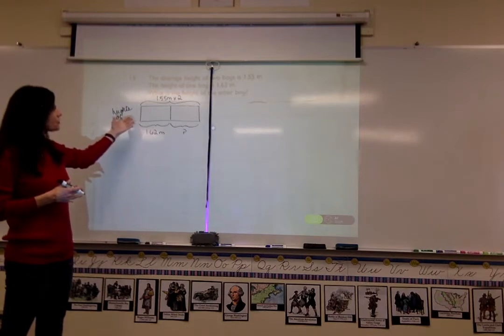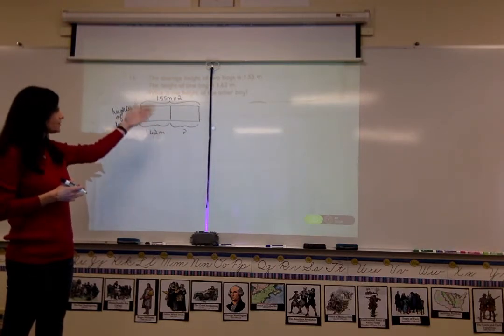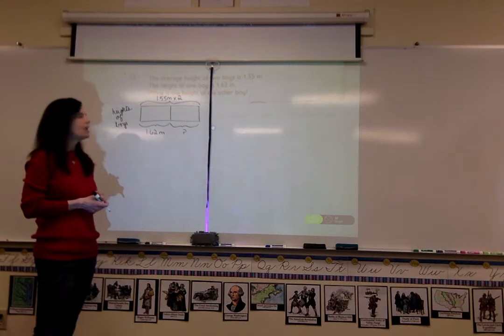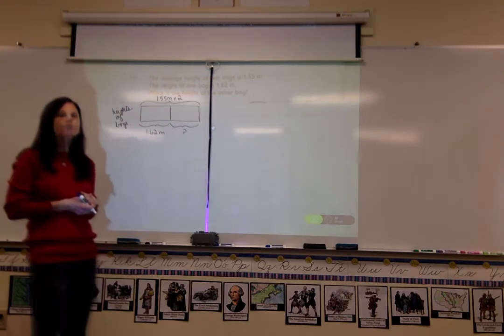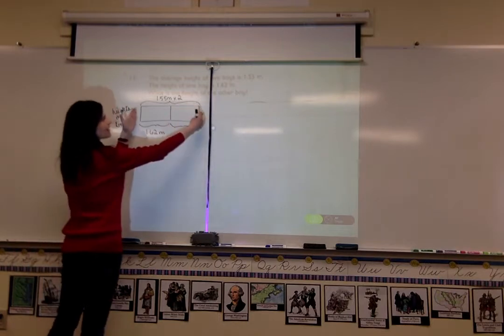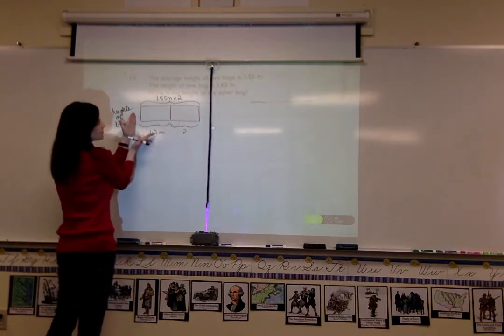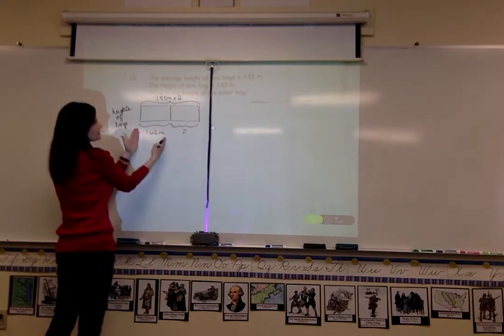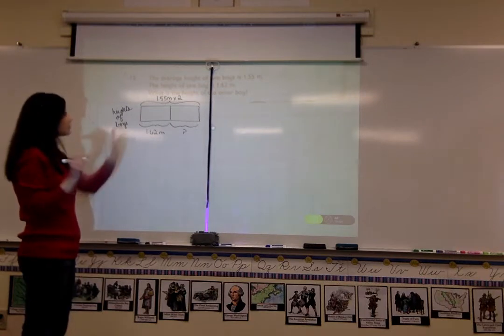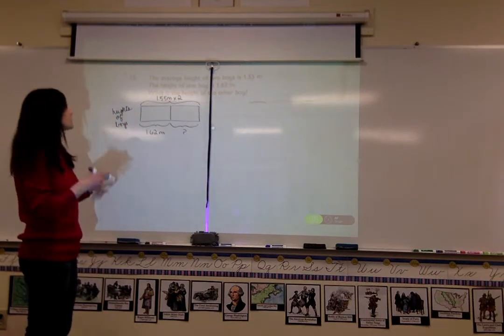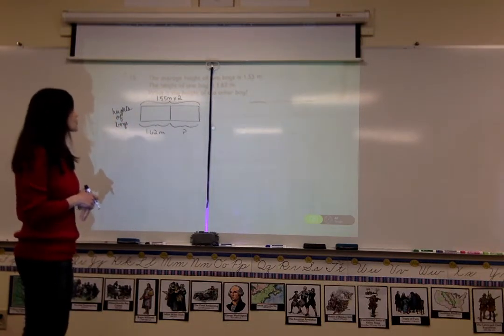So here's a picture of what I've been given, my given information, and what I'm asked to find. So when you fill that in, hopefully you can see that the way to solve for this is to calculate that total and subtract this piece, the height of one of the boys, from that total to give you the height of the other boy. So once you draw it in a picture, it becomes fairly obvious as to how you will solve it.